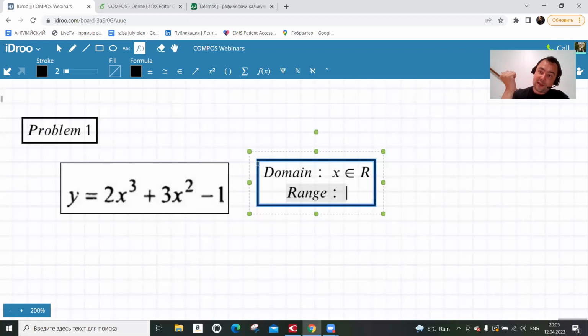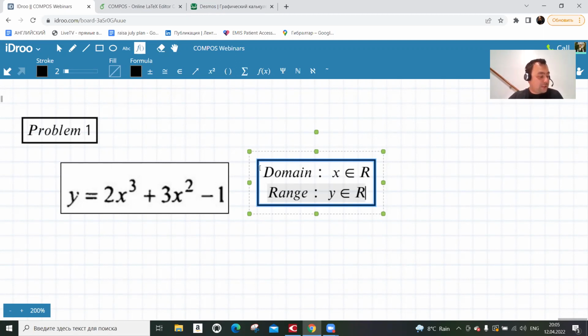And when x becomes very, very negative, this number becomes negative. You can test it: put minus 1 million into the function, and it will give you a negative value. So therefore, the range is also all real numbers.